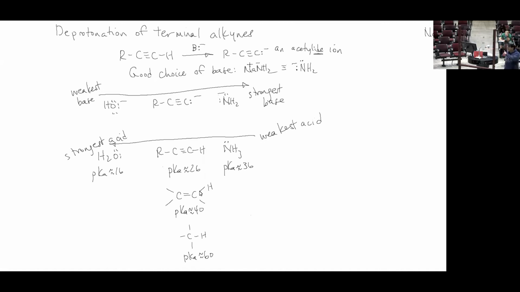Good question. He's asking why can't we use the conjugate base of an alkane to pull the proton off? You most certainly can. That's another one that would work. I don't think you're going to find very many conjugate bases of alkenes that are readily available. But certainly something like butyl lithium is cheap and commercially available, and you can certainly use that to deprotonate a terminal alkyne. But I'm just focusing on sodium amide because it's the one that your book talks about here.